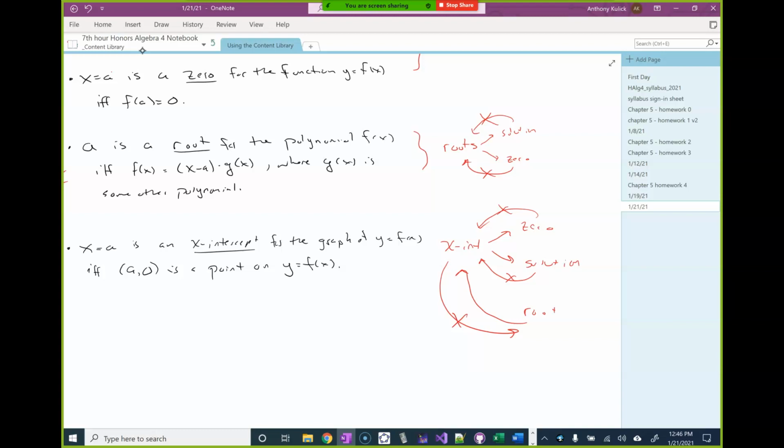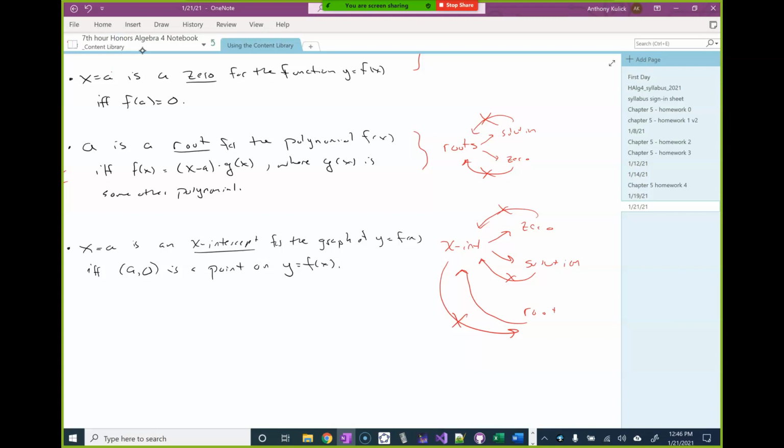You have to solve, right? So if you have a polynomial, what do you have to do to solve a polynomial? We've only seen one technique to solve a polynomial in general, which is solving it by factoring.